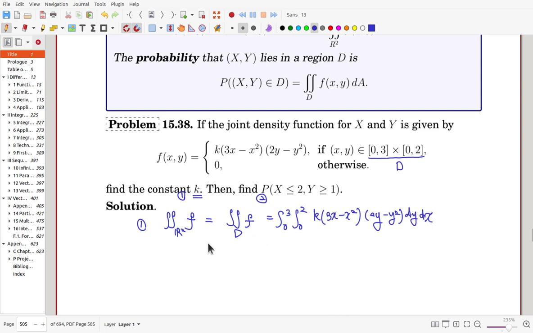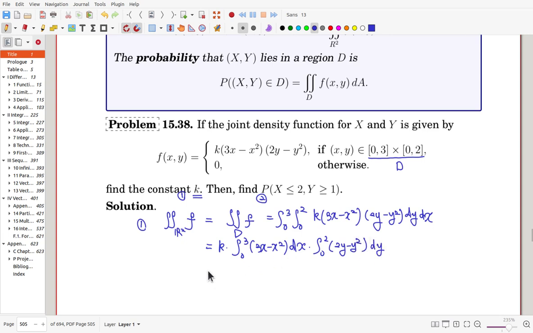It's separable, so k will go out, and the x direction integration is from 0 to 3 of 3x minus x squared dx, and the y direction from 0 to 2 of 2y minus y squared dy.